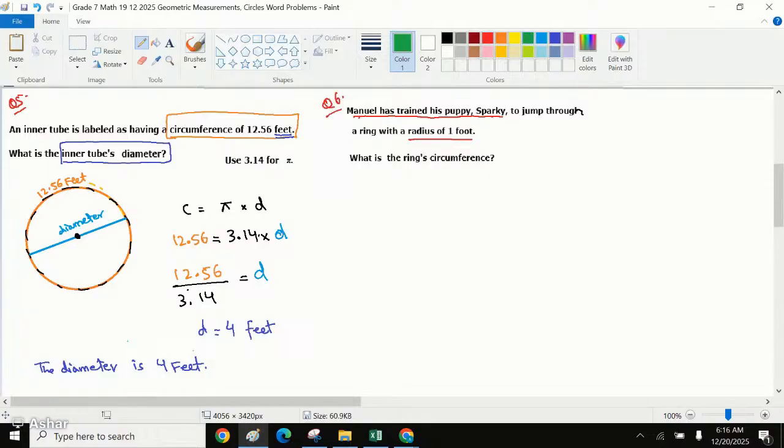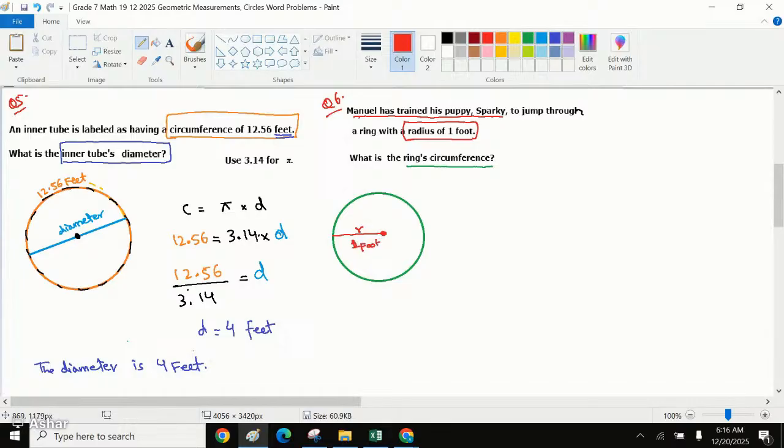What is the circumference? The radius is given to us. If we do a rough sketch, we have a circle, and we need to find the length of the outer circumference, and the radius is given as 1 foot. This is the radius and this is 1 foot.